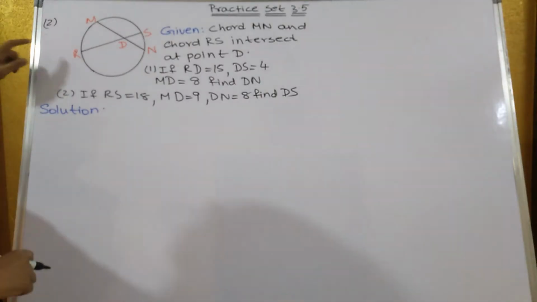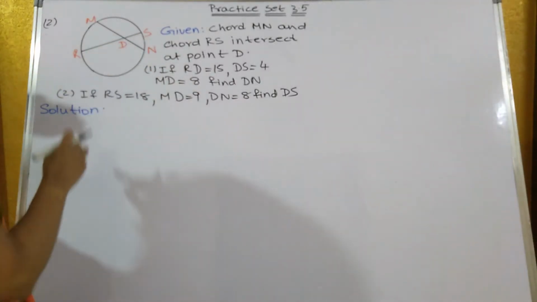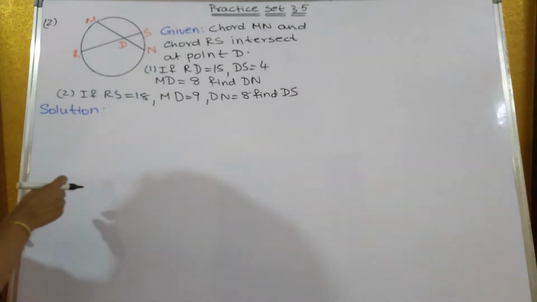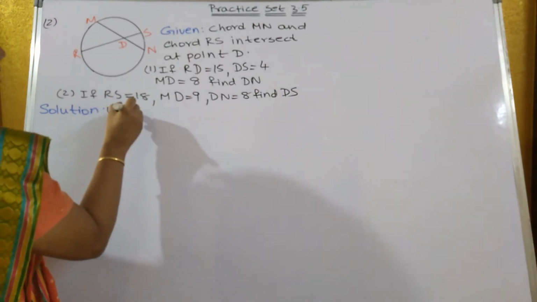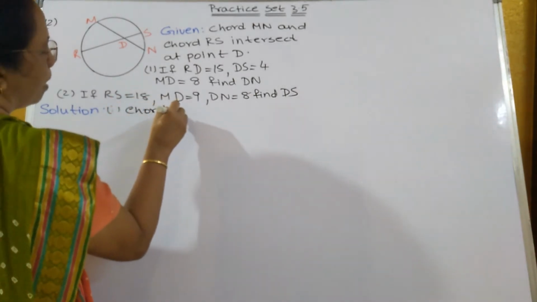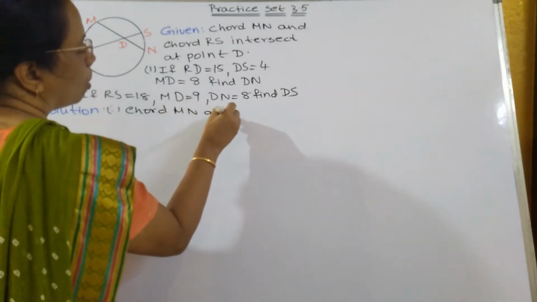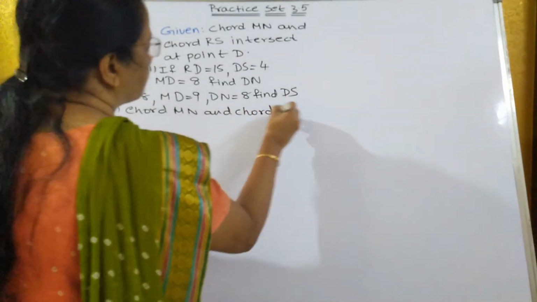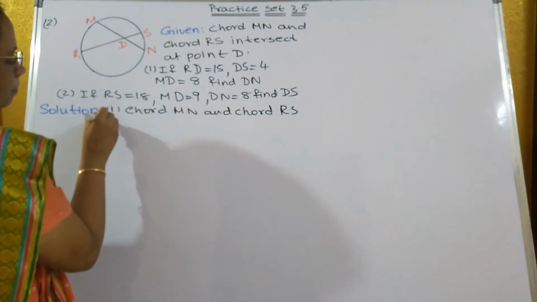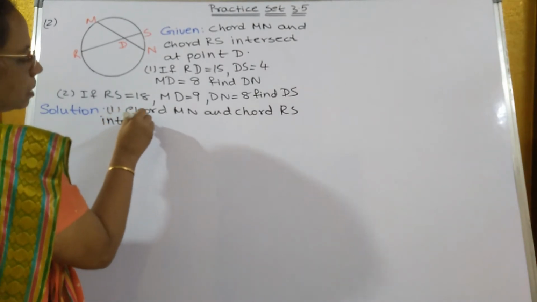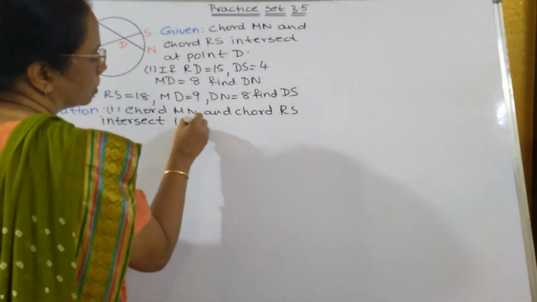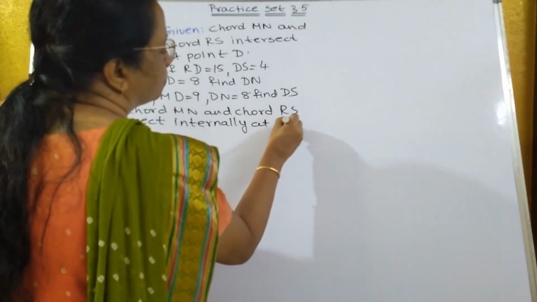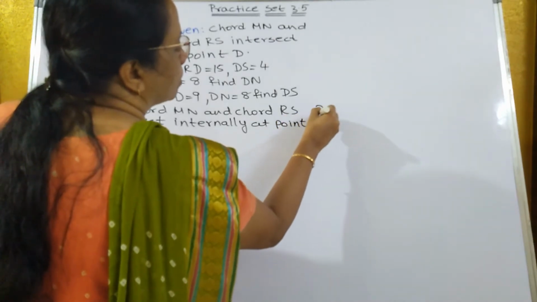Now second sum. They have given chord MN and chord RS intersect internally at point D, and some of the values are given and you have to find out the missing one. The first one: chord MN and chord RS intersect internally at a point D. This is already given.